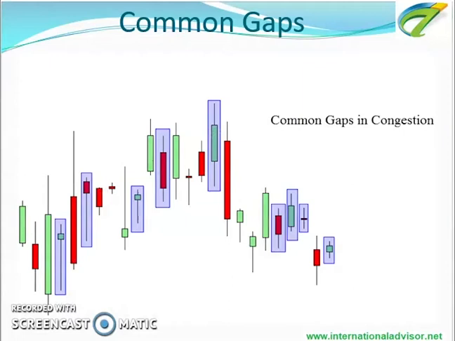So here you can see those candles which are highlighted in light blue are having some gaps which are common. If you watch any gap, for example, this was the opening price of this candle, made a low here, then high, and then closed here. After that, the next bar opened up here.